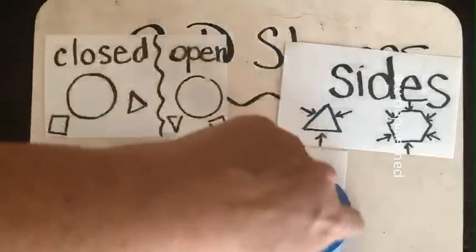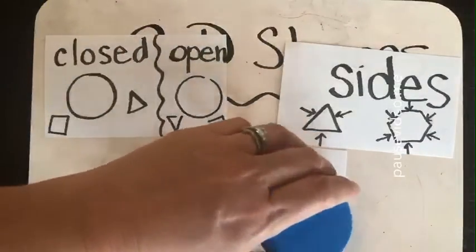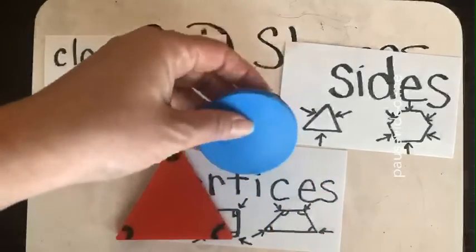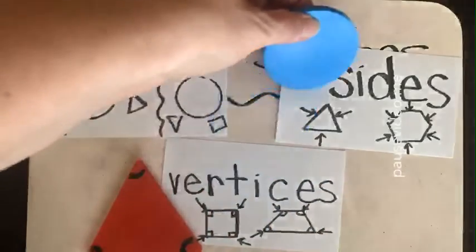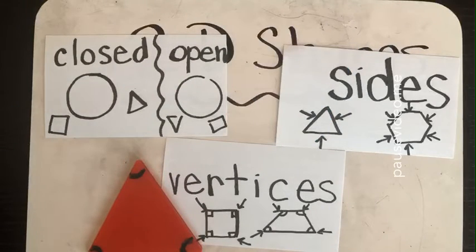I don't feel anything. That feels like a corner. 0, right? So circles are one of those special ones. There's no vertices and there's no sides. If you listen to Ms. Thompson read The Greedy Triangle, she's going to read that to you. You can listen to how that happens.